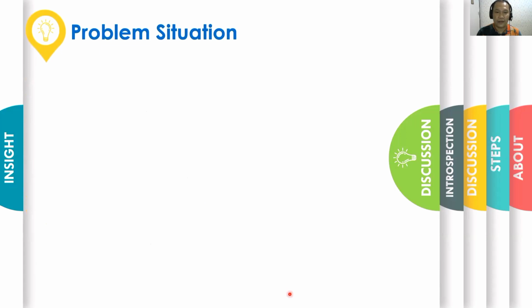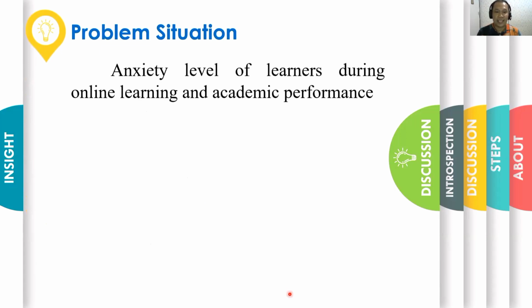Now, other than the given examples, I also have anxiety level of learners during online learning and academic performance, meaning we are looking for a relationship, or testing a relationship, if the anxiety level of learners and academic performance during online learning is related.